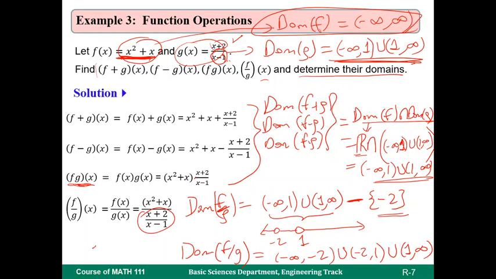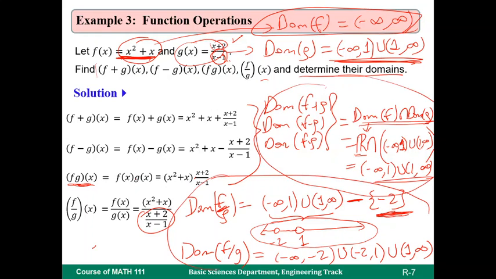As I said earlier, it will be the domain of f intersection domain of g, and then we remove the zero of g of x, which is minus 2 here, so we remove it and we get this one here. And if you write it in interval notation, it's this set. So you can directly use these formulas to get the domains here.